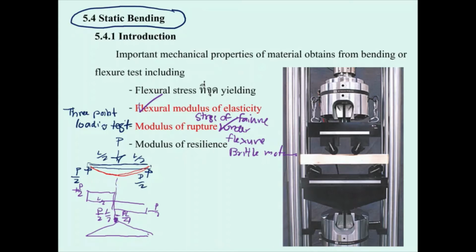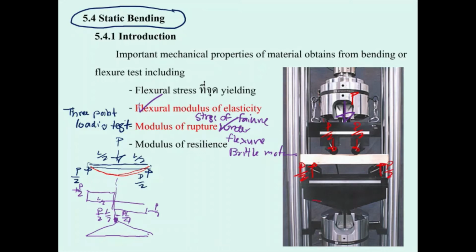We also have a different type of this. Consider this one. We push the force here, and this force separates into this one and this one. If this is P, this is P over 2, and this also P over 2. And then we have the reaction here and reaction here, going to be P over 2 and P over 2.